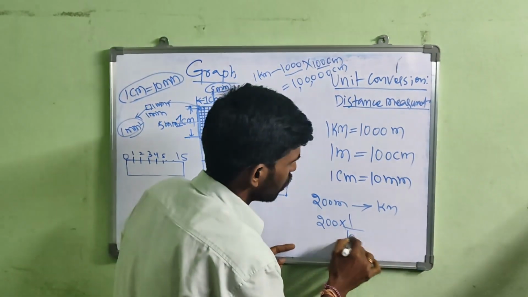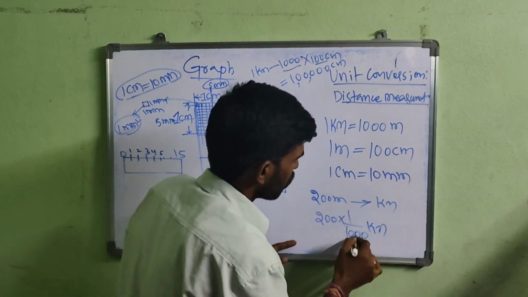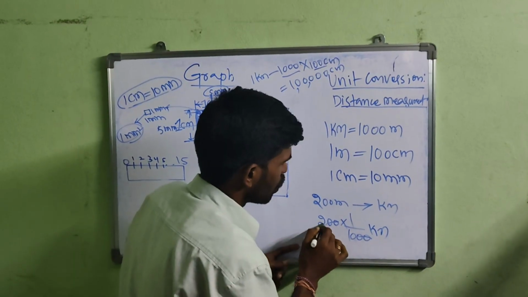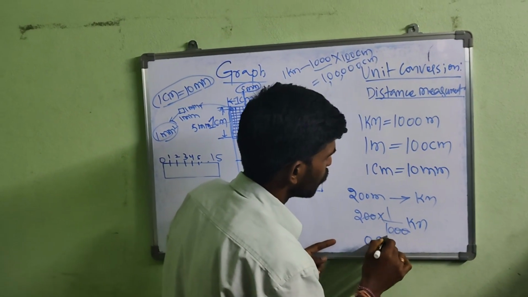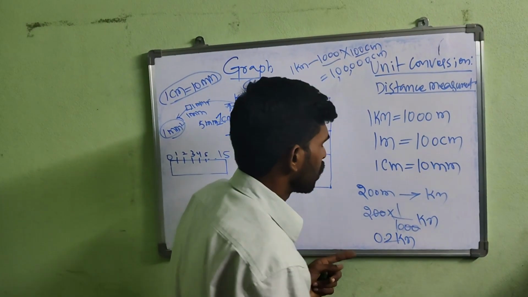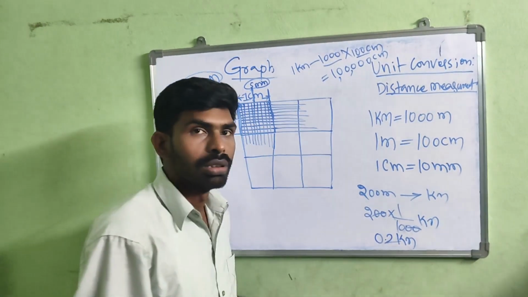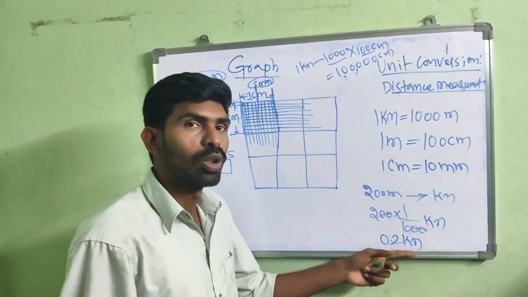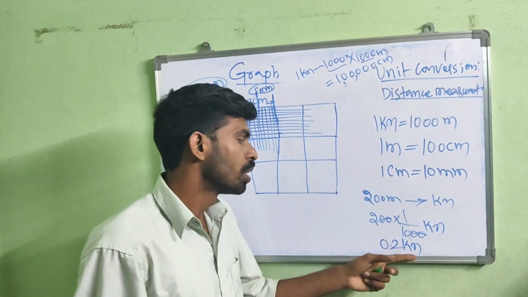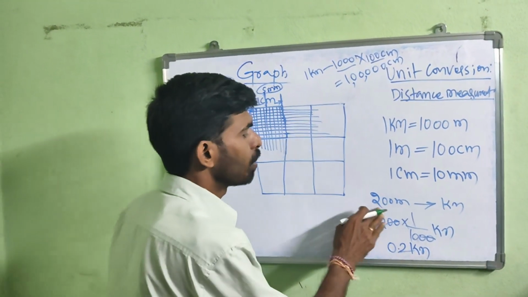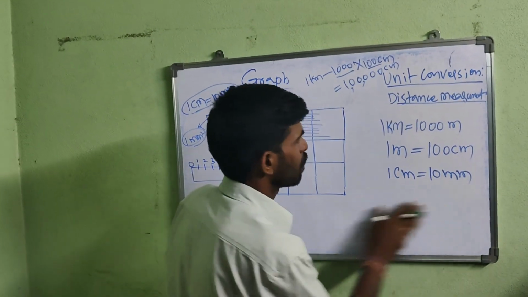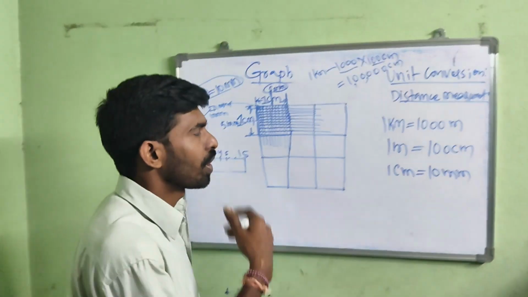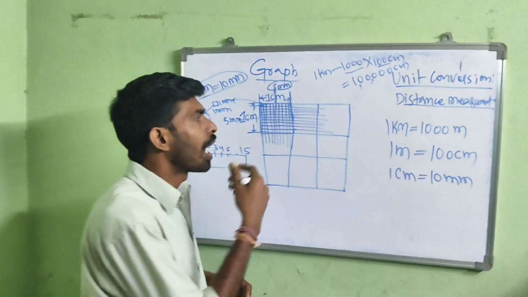So 200 by 1000, that is 2 by 10, which means 0.2 kilometers. So 200 meters is nothing but 0.2 kilometers. Like this, we need to convert from one unit to another unit.